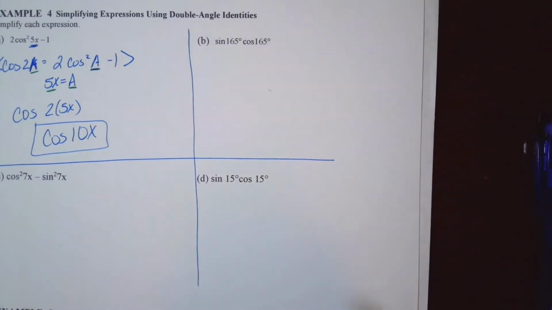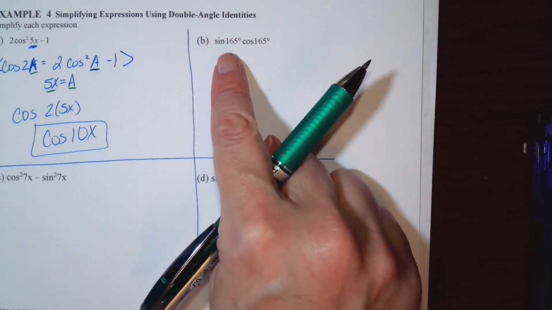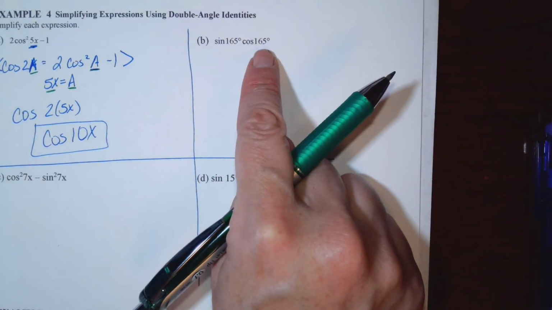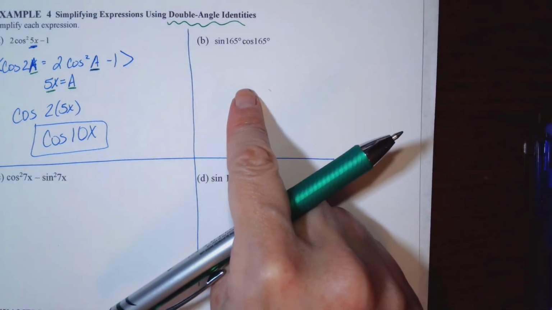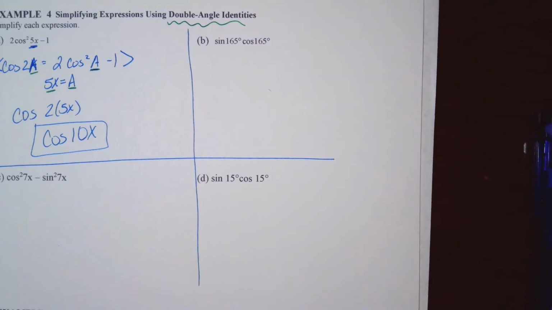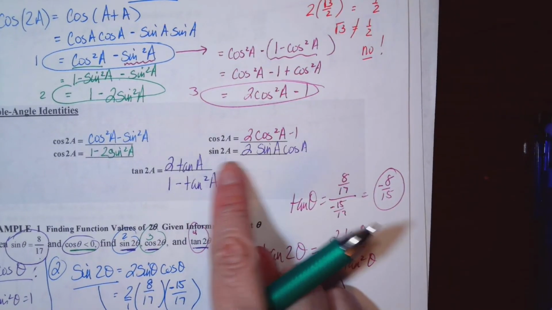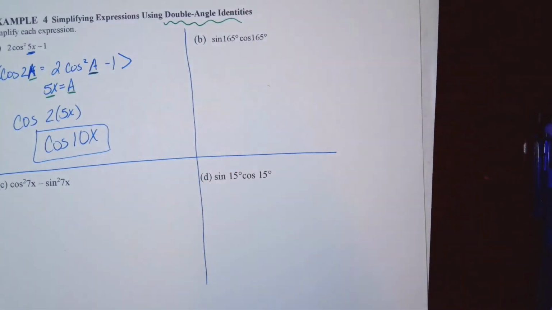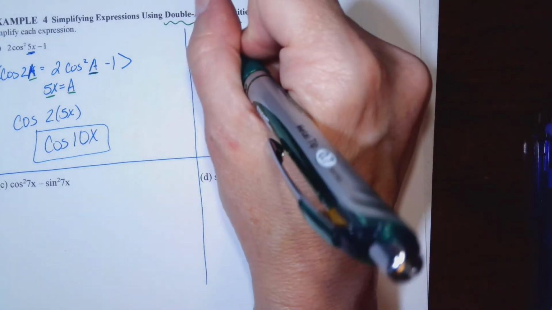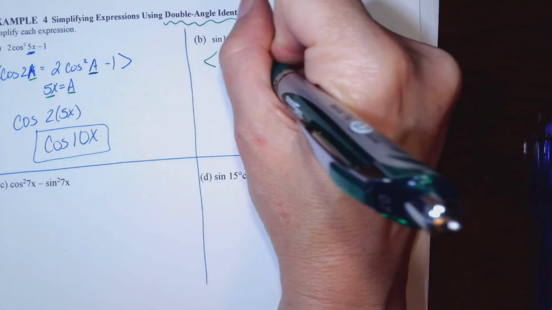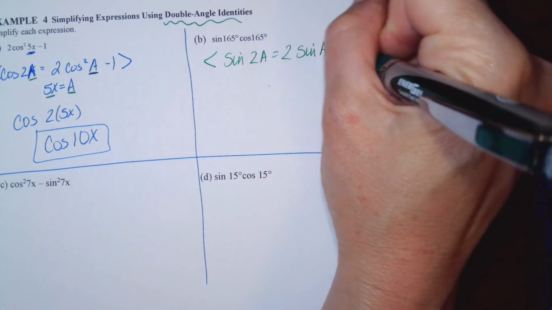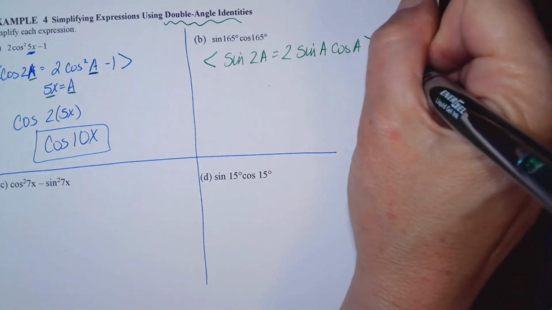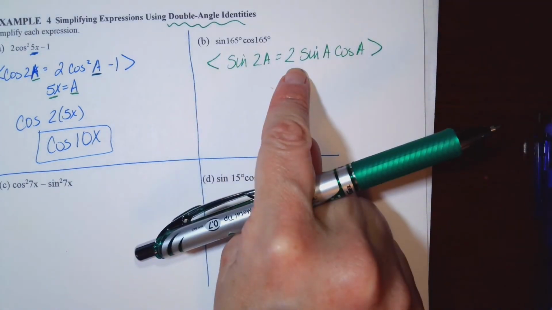Alright, so what about this one? What does this one look like? Well, sine of an angle, cosine of an angle, and I'm charged with using double angle identities. What does that most resemble? My sine double angle is 2 sine a cosine a, so let's start there. Sine of the double angle equals 2 times sine a cosine a, but I don't have that 2 there.